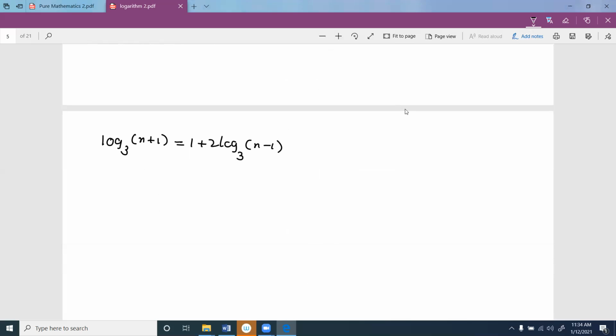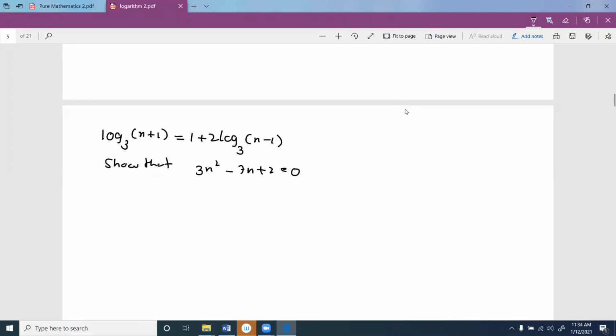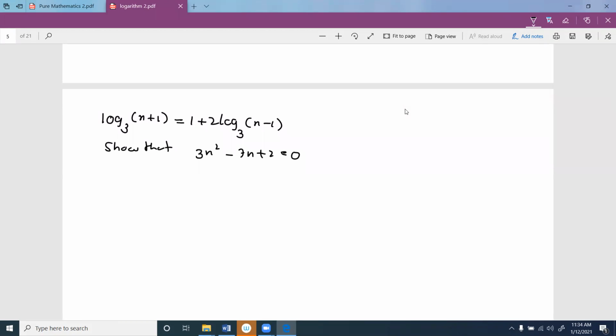They ask us to show that 3x squared minus 7x plus 2 is equal to 0. So simply this is just simplifying the logarithm form into a quadratic format. You can take this whole log term to the other side: log 3 (x plus 1) minus 2 log 3 (x minus 1) is equal to 1.